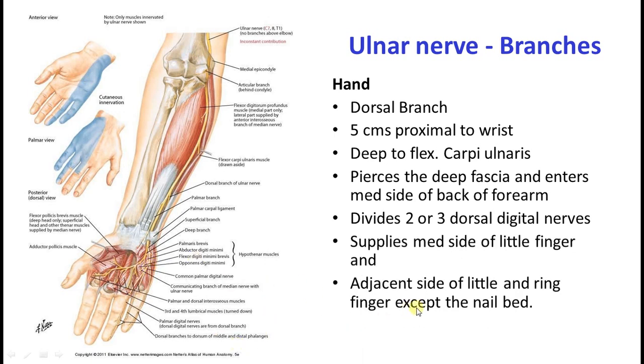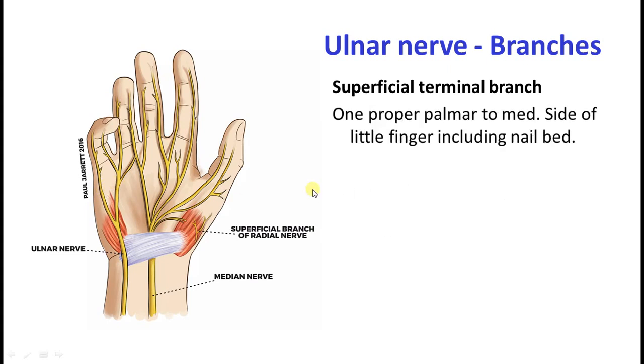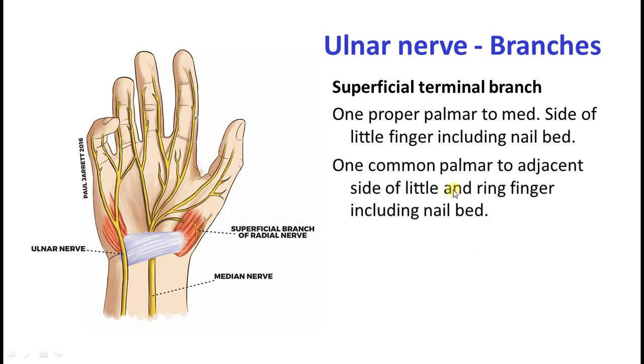So that is what I told you. Except the nail bed, it supplies these structures. So in the superficial terminal branch, here we are able to see one proper palmar nerve to the medial side of the little finger and the common palmar nerve again dividing into two proper palmar nerves supplying the adjacent sides of the ring and the little finger.